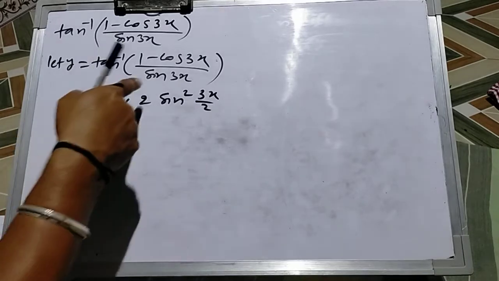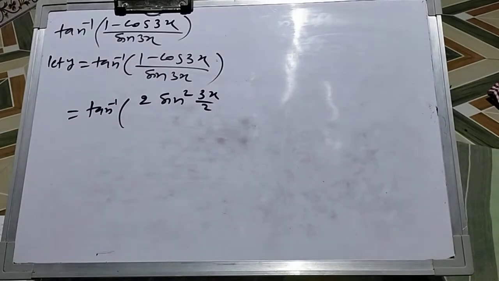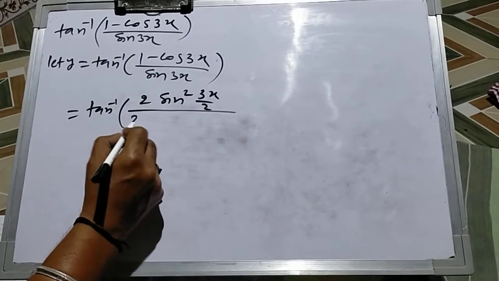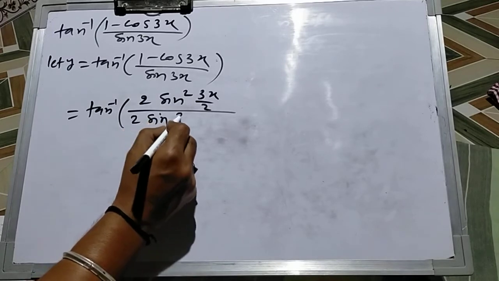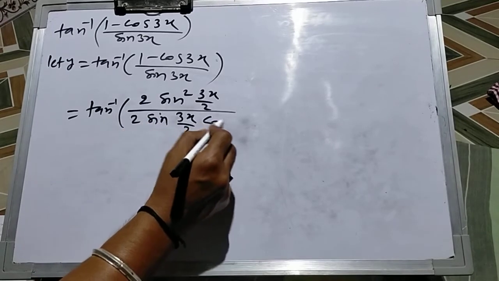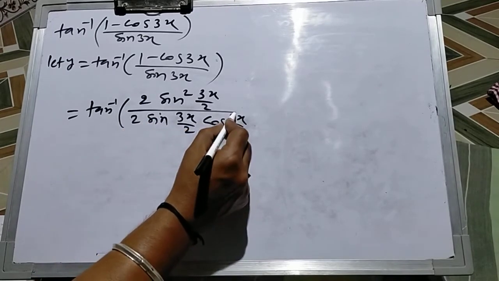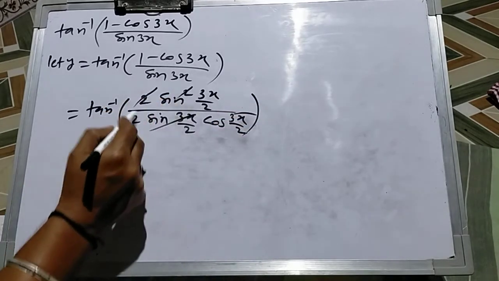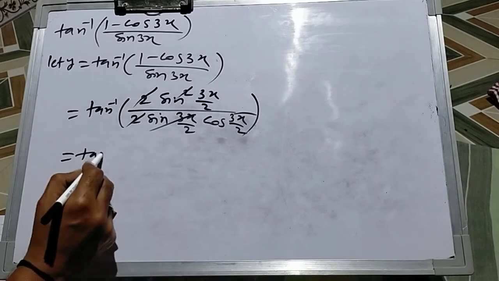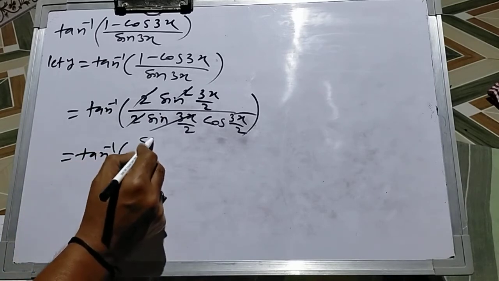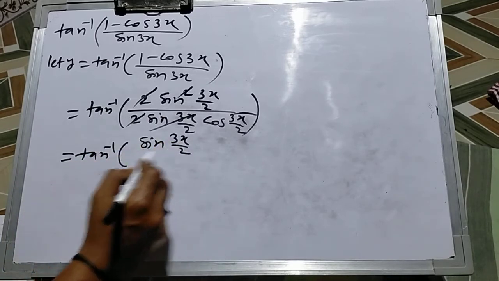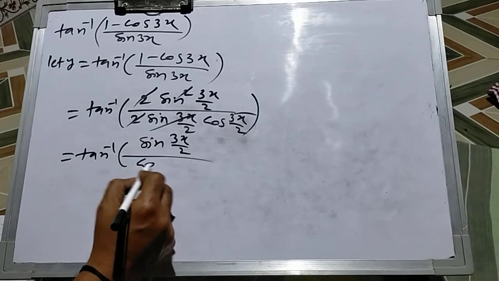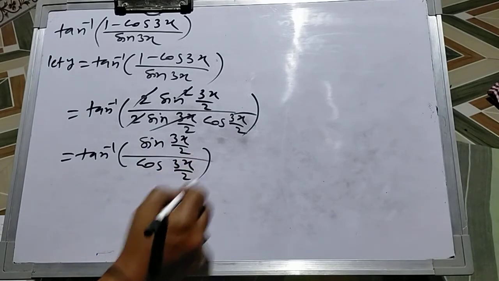So for sin 3x, it means 2 sin 3x/2 times cos 3x/2. Here one sin gets cancelled, 2 gets cancelled. This is equal to tan inverse of sin 3x/2 divided by cos 3x/2.